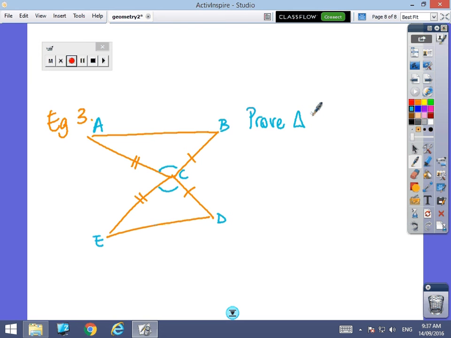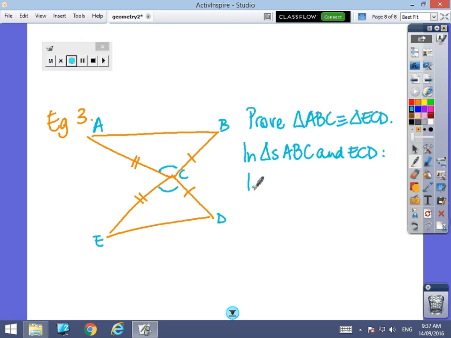So first of all, it would say prove triangle ABC is congruent to triangle ECD. So first of all, I'm going to say in triangles. First bit of information, BC equals DC, given.